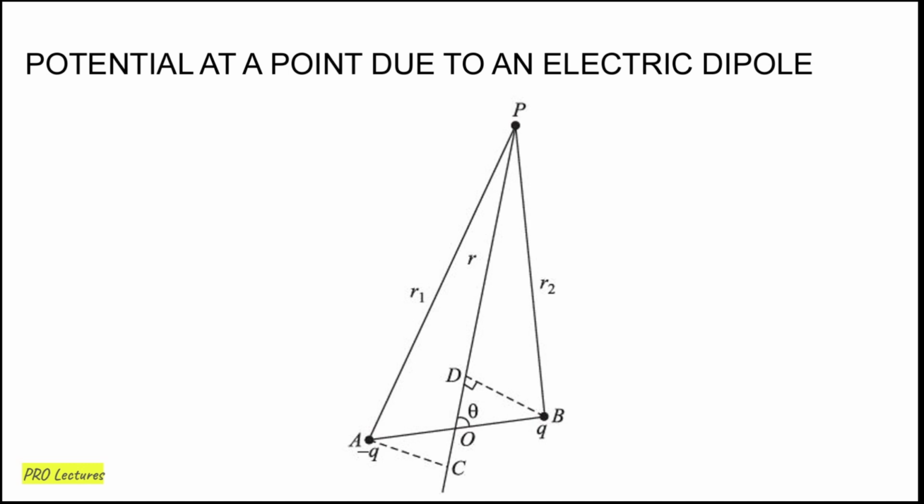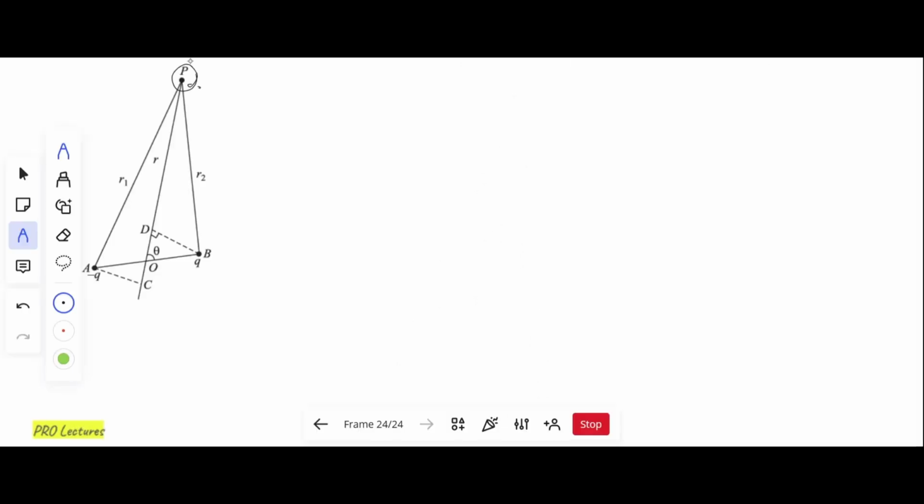Note here OP is r and the angle BOP is theta. Here AP is equal to r1 and BP is equal to r2. This is the point P.